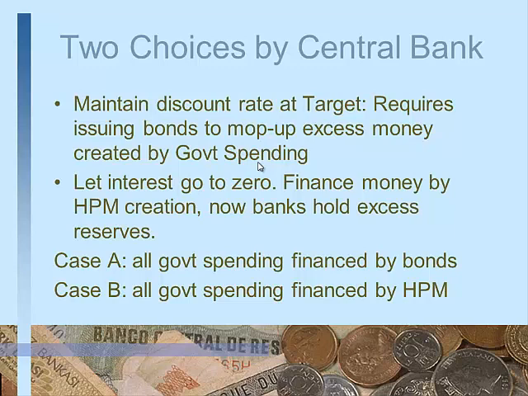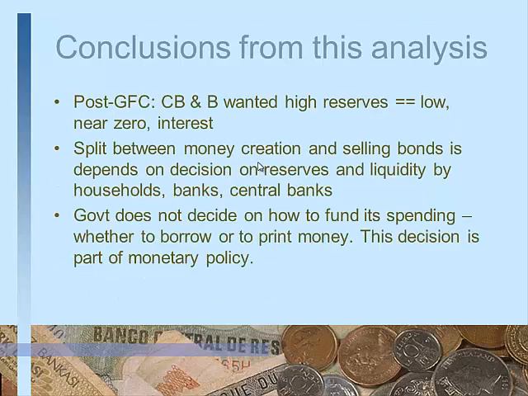Whether you finance it by money creation or whether you finance it by bonds, for some economic issues like inflation, this doesn't matter. But it does make a difference for some other matters. So this is what we want to discuss as to what happens as a result of these policy choices by the central bank.